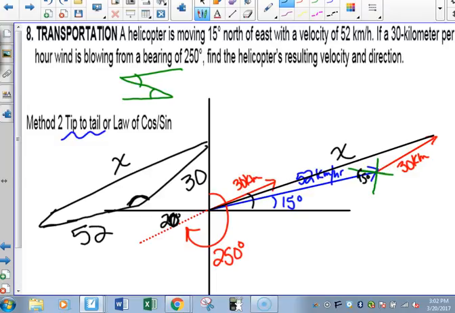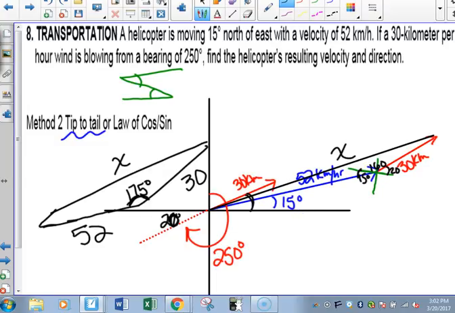The red to here. I need what's the rest of this then? Horizontal to red was 20. Red all the way around to the next horizontal line would be 160. Okay, so 160 and 15 makes this whole angle in here 175.